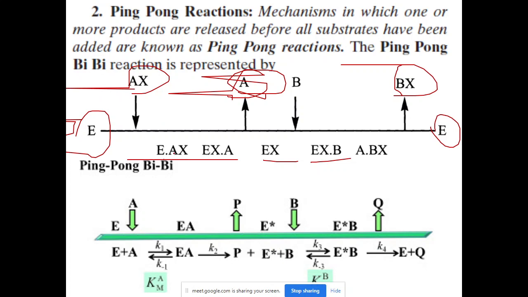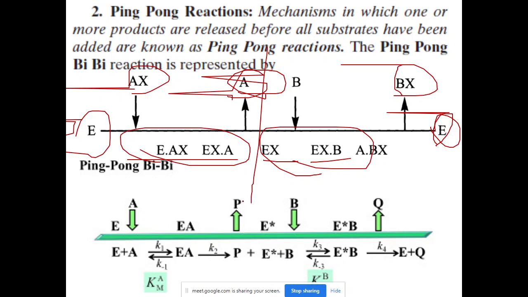So the first displacement happens here and the second displacement happens here, and as a result the free enzyme is formed. This part is known as ping, and the second part is known as pong. Am I clear to you?